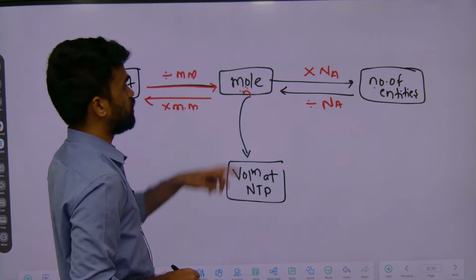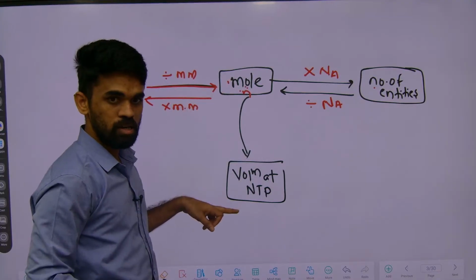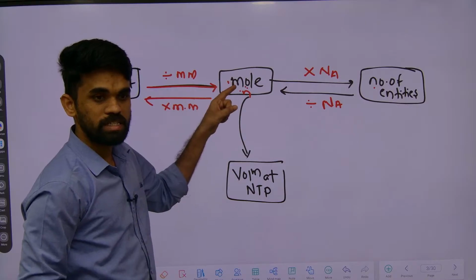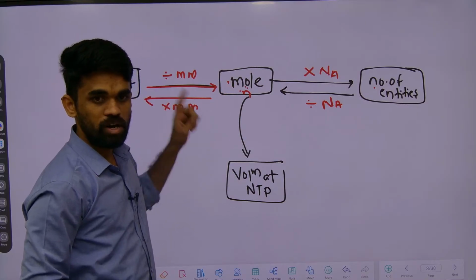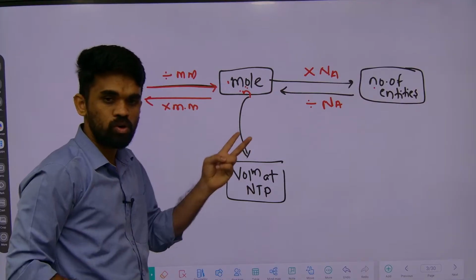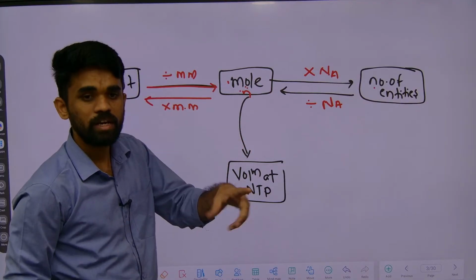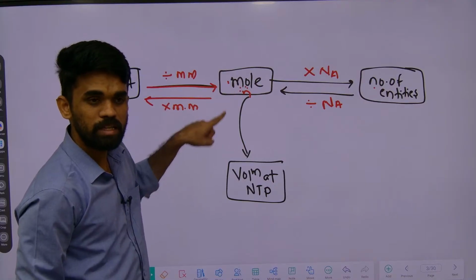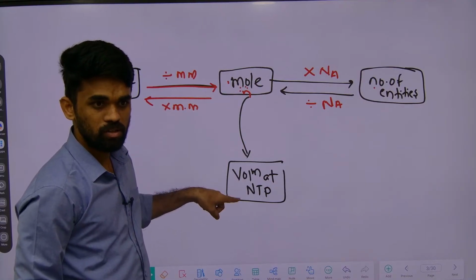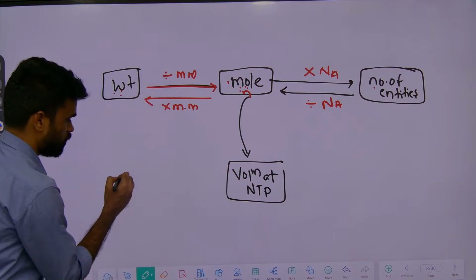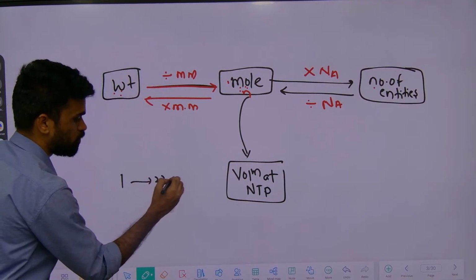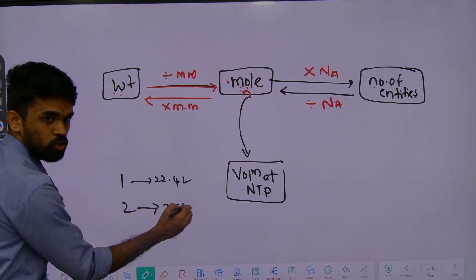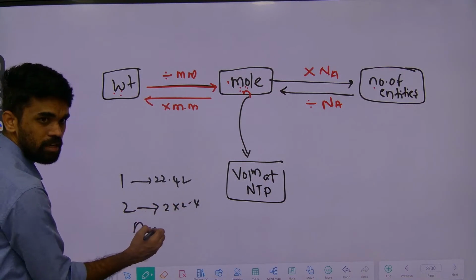If the number of moles is given and volume is asked: 1 mole is 22.4 liters, 2 moles is 2 into 22.4, n moles is n into 22.4.